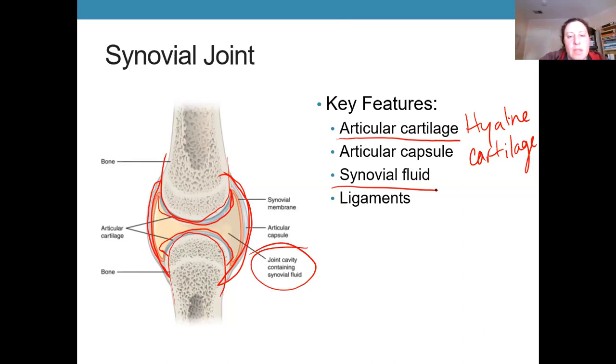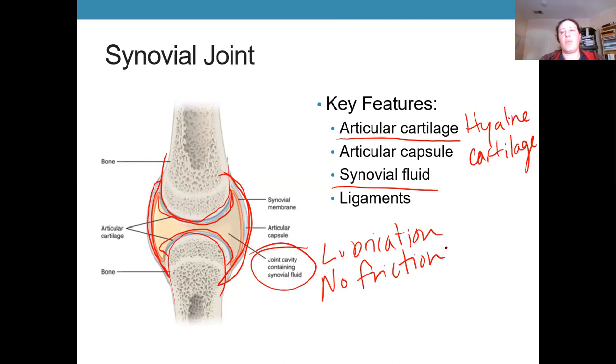Now, this fluid provides nutrition to the cartilage, but its main job is as a lubricant. So it makes everything really smooth. It reduces friction so that joint movement is painless.